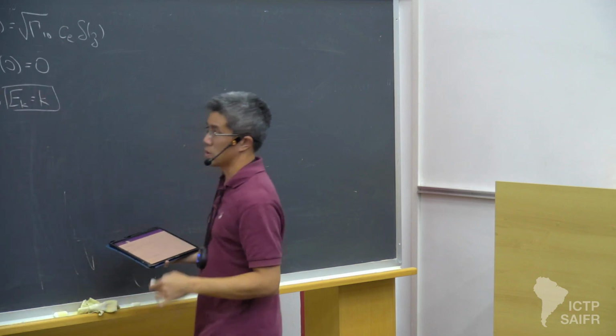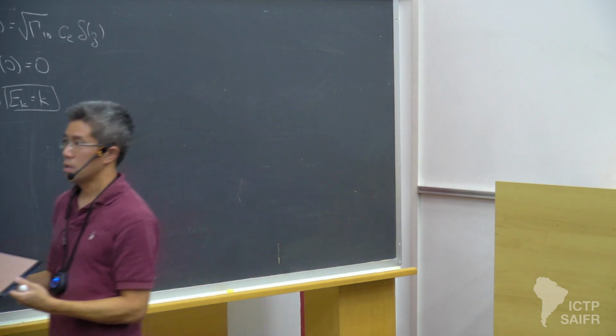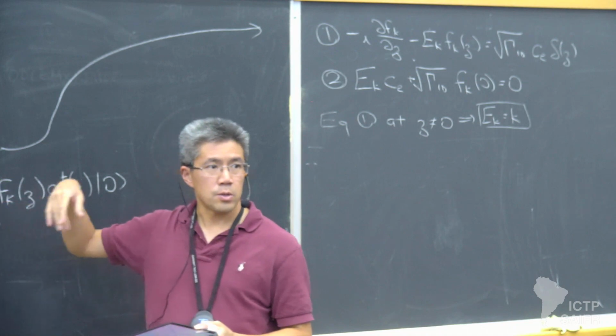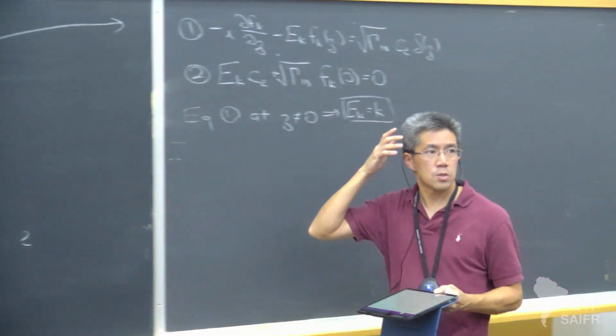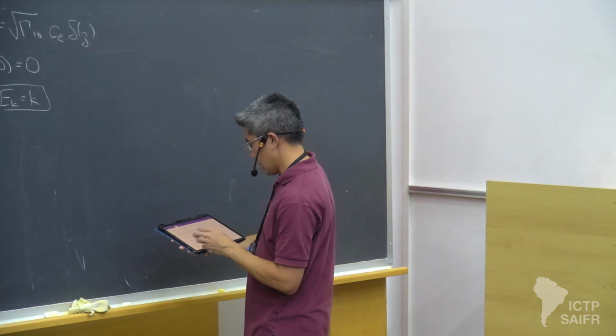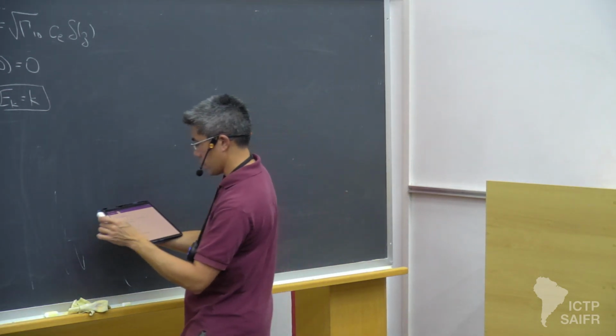So in other words, the eigenenergies of the full interacting problem are the same as the dispersion of just free photons.